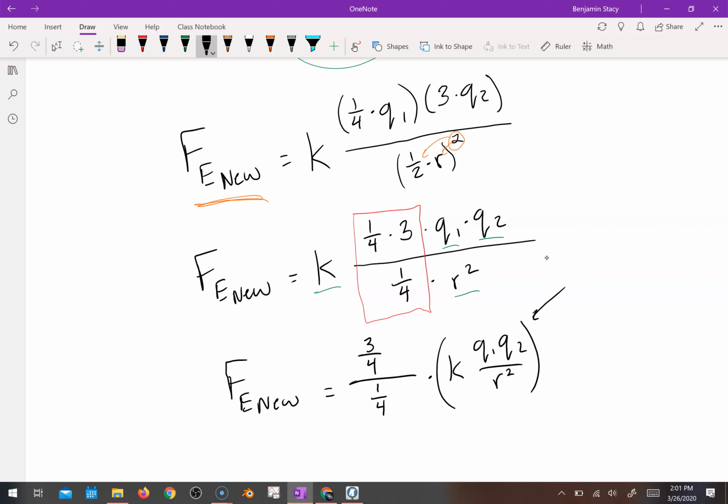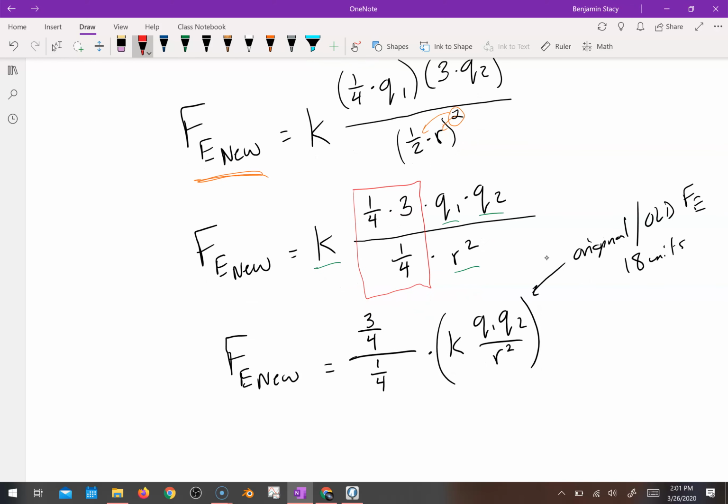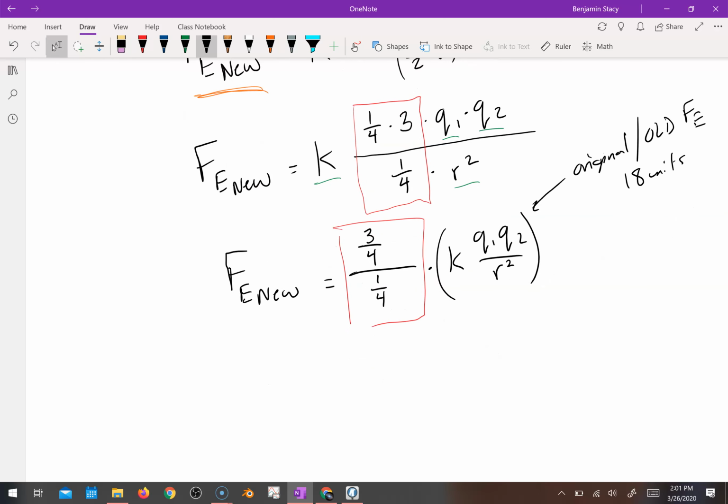Right here, this is our original, or what I called the old electric force, which was 18 units. That's what's in parentheses. And our coefficients that we brought out to the front are telling us how that original electric force will be changed once we make those changes to the charges and the distance.